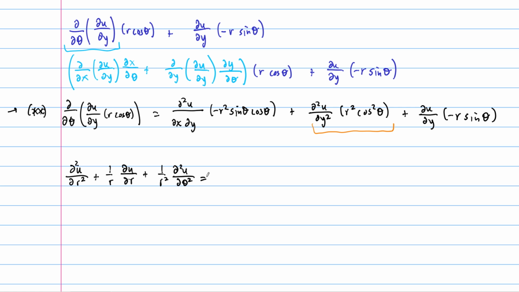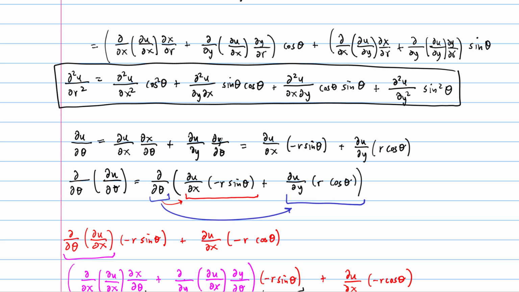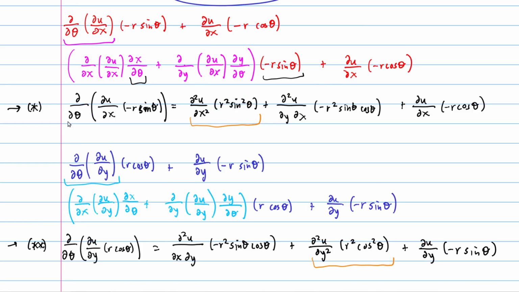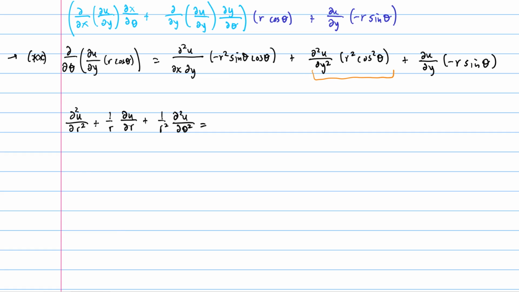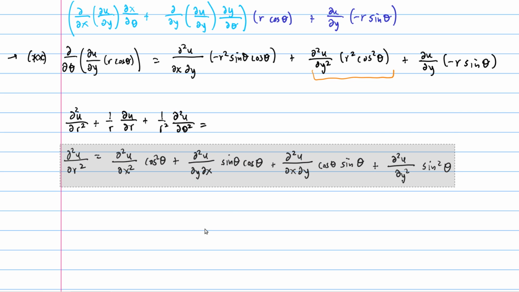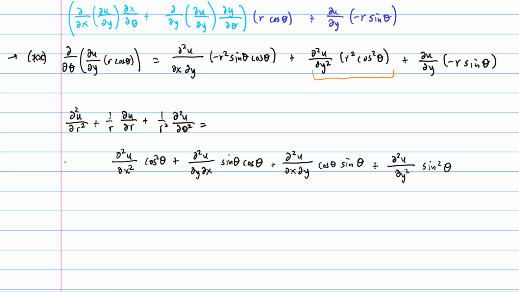So let's write out all the pieces that we have. So d squared u dr squared, that's this one. So that's this whole term. Maybe we can copy all these. Try to copy all this, and then paste it down here. So there's that term. Actually, I'm going to erase this. So there's that term.